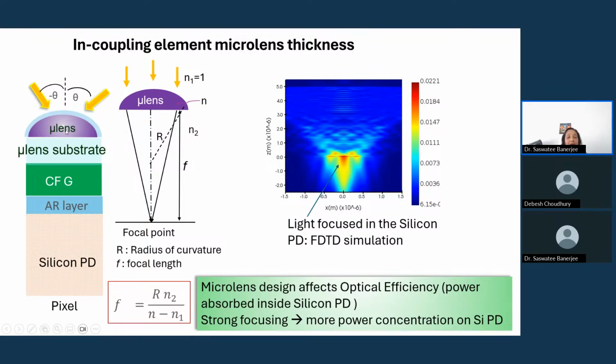Another very important concept is the microlens, because without it you need an in-coupling element to get light from different directions and focus or concentrate it into the PD. So you have this microlens. In the design, where do you start?